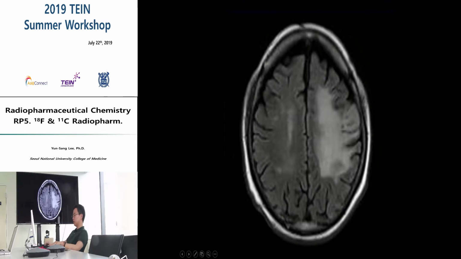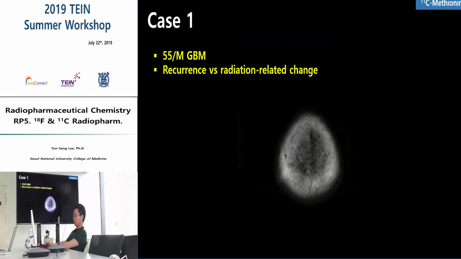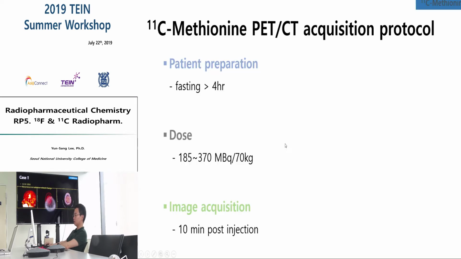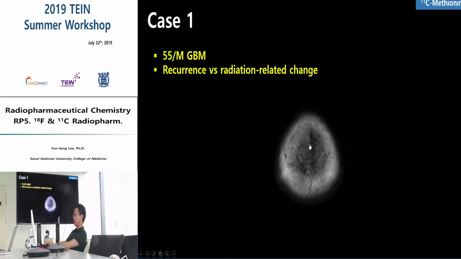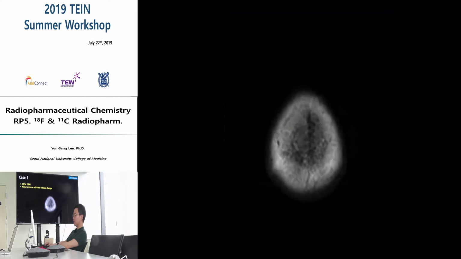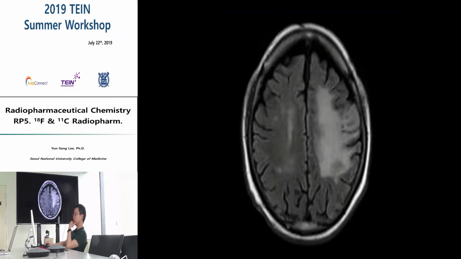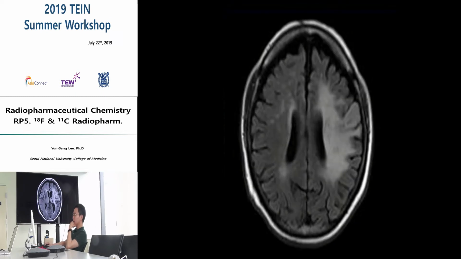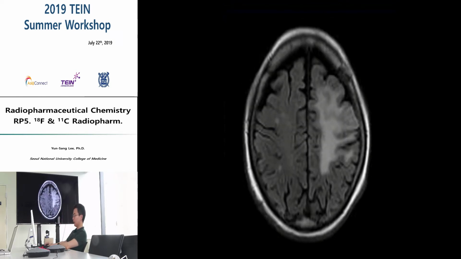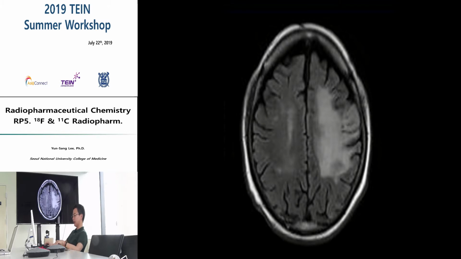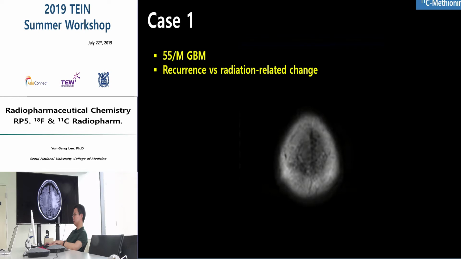A patient with a history of GBM came after radiation therapy, and the clinician wanted to know whether this T2 bright and T1 enhanced lesion was a recurrence or necrosis or other factors related to radiation change.